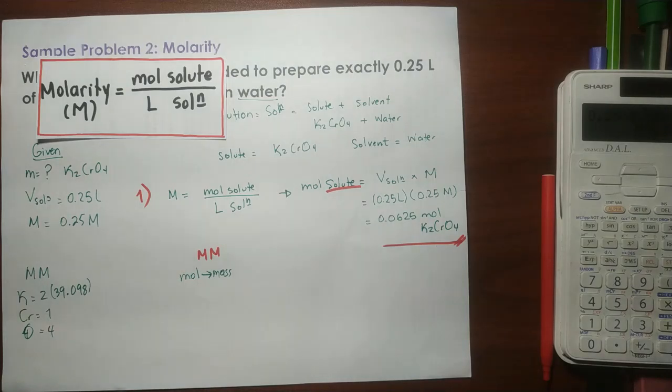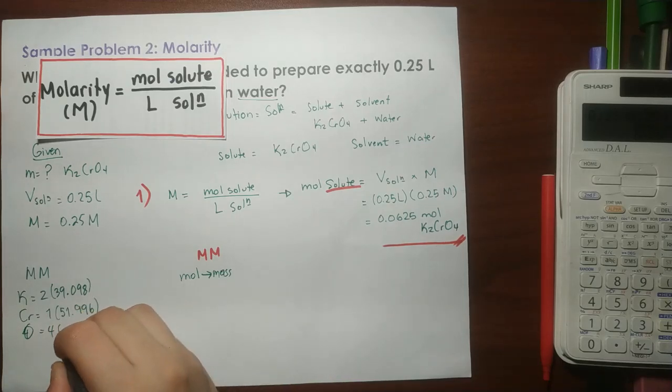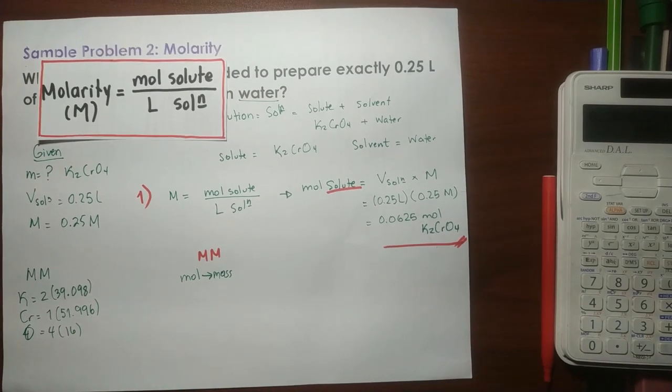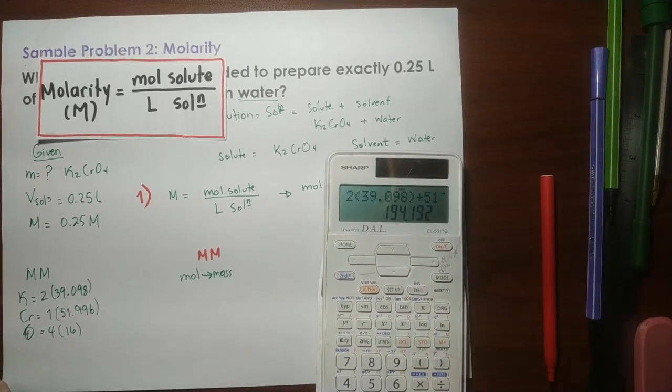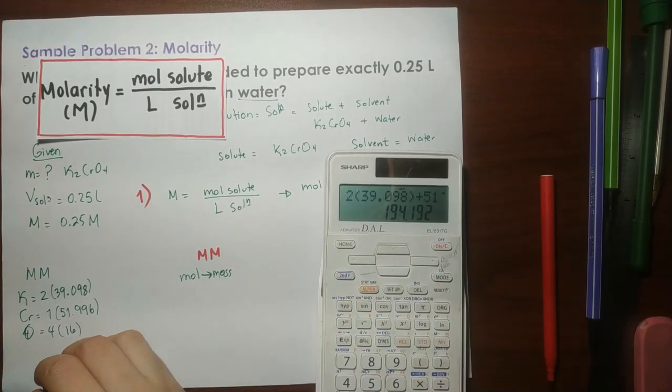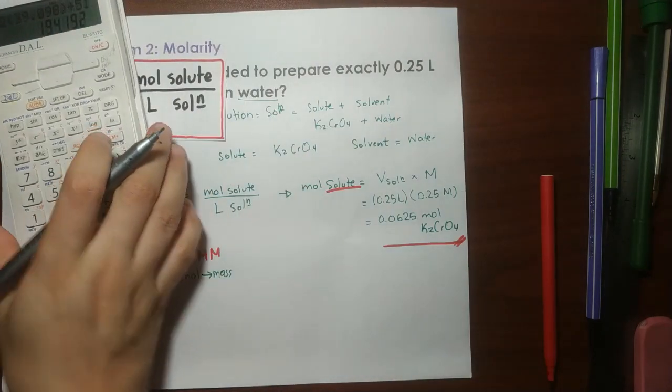Chromium is 51.996, and oxygen, well, I'm gonna use 16. So we get the molar mass. This is the molar mass that I got, 194.19 grams per mole.